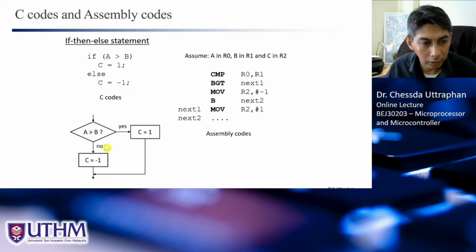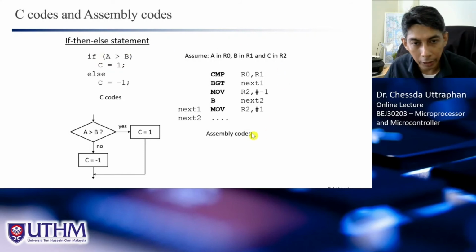So in the form of flowchart, it will be drawn like this. If A more than B, so C equal to 1 and done. But else or no, C equal to -1. Right? So this is in C programming or high level language.